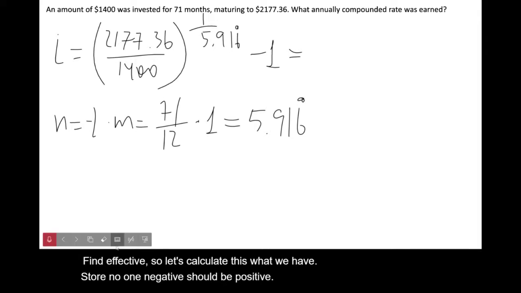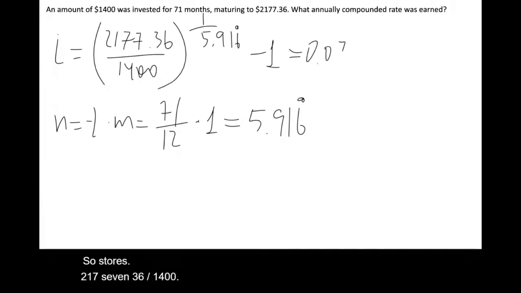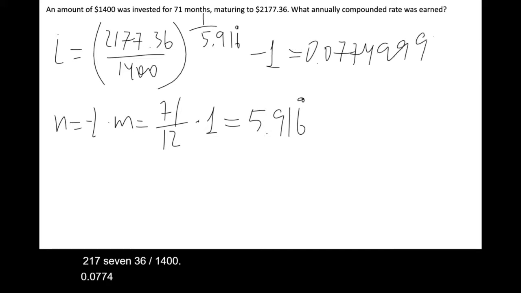So store 0, store 1. So 2177.36 over 1400. Zero point 0.077499980.